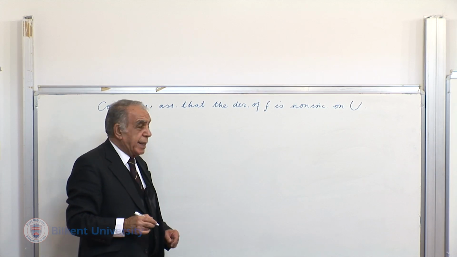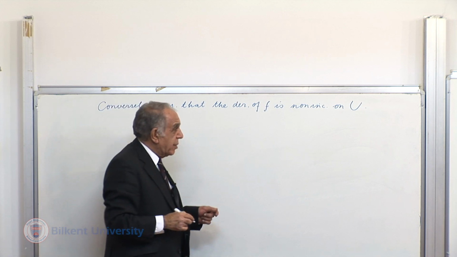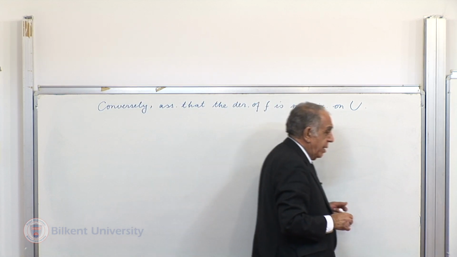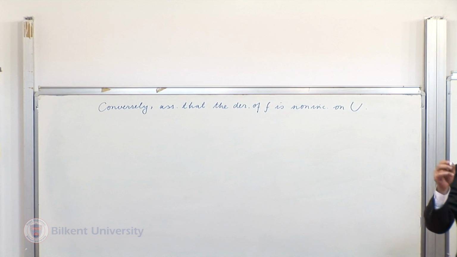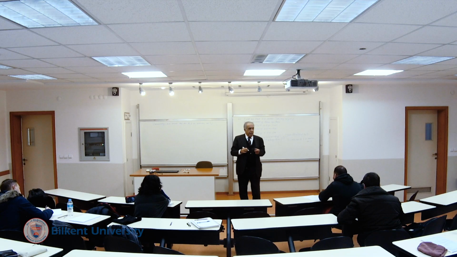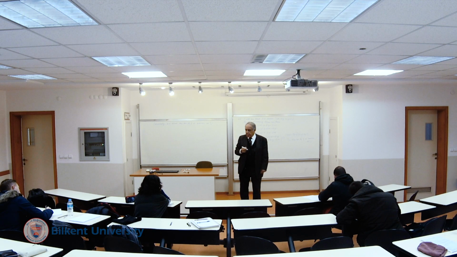Well, to show concavity, we will take x and y and show that f of tx plus 1 minus ty is larger than or equal to tf of x plus 1 minus tf of y.